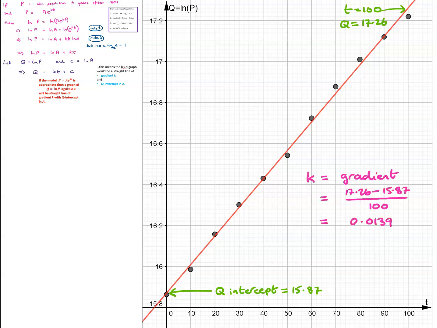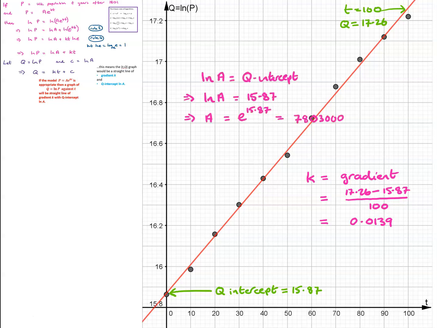So the gradient is the q step divided by the t-step. So that's 17.26 take away 15.87 divided by 100, which gives me 0.0139.